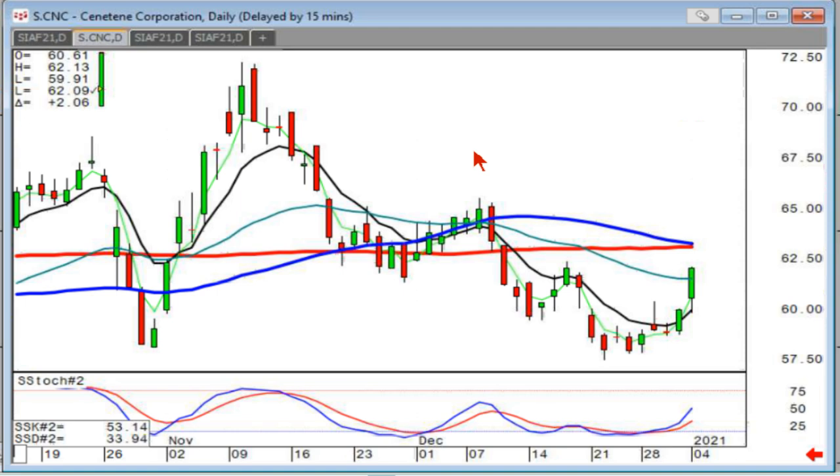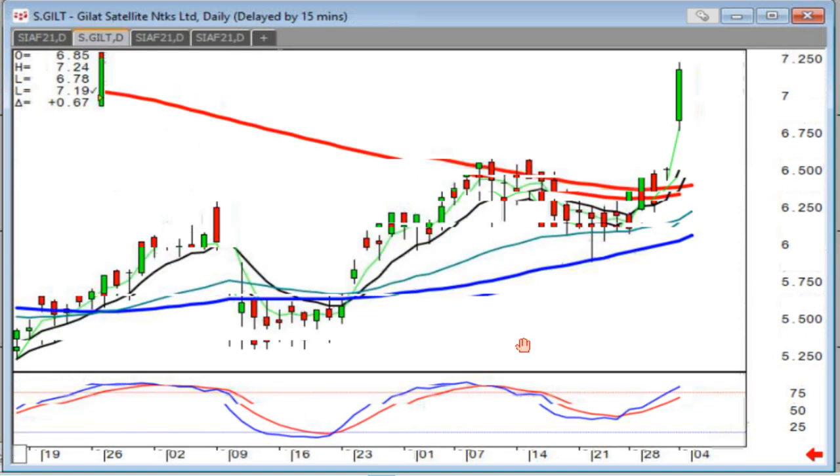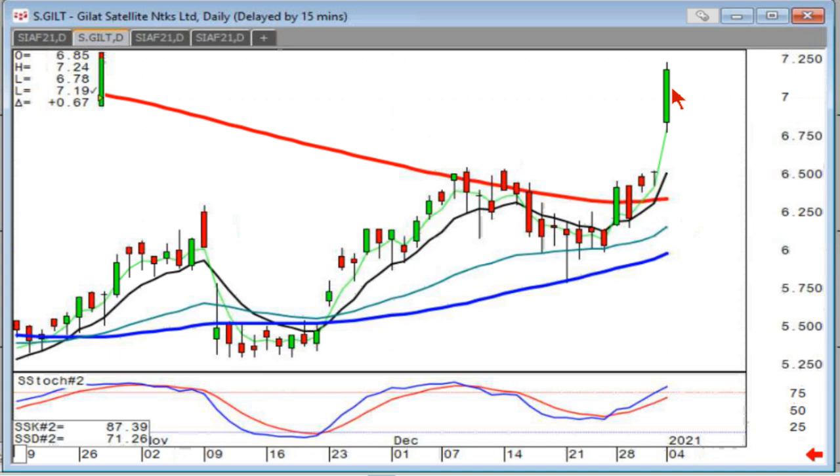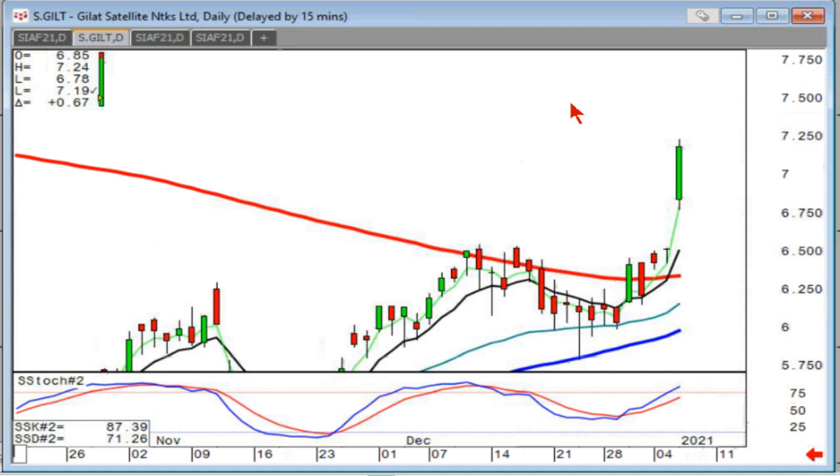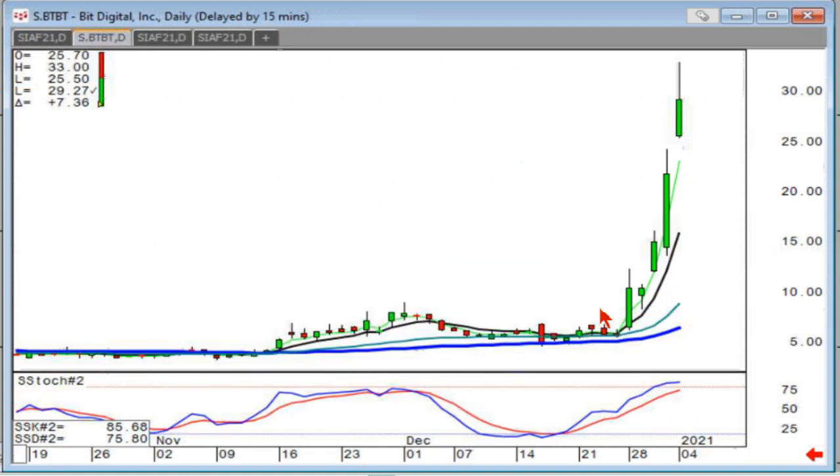Now, on the other ones, that is the signal, the gap up. So either one of two things are going to happen. It waffles around and waits for the T-line to catch up, or there's something going on that's going to keep it going.